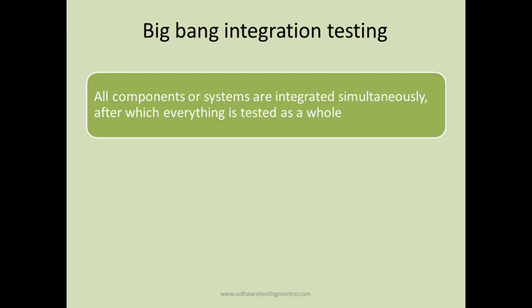All the components are integrated at once, and the system is tested as a whole, rather than taking one unit, integrating it with the supporting unit, and then again. So no top down or bottom up approach. In Big Bang, all the components are integrated at once and everything is tested as a whole.